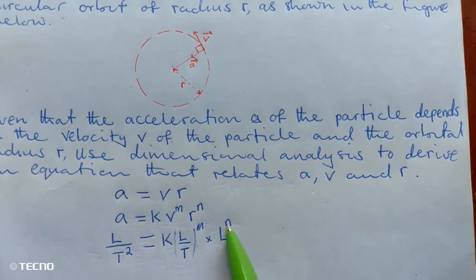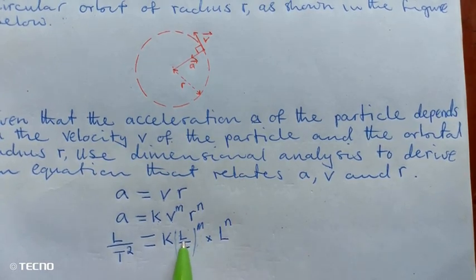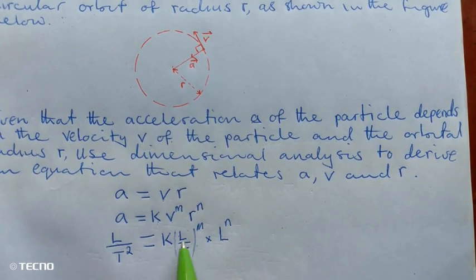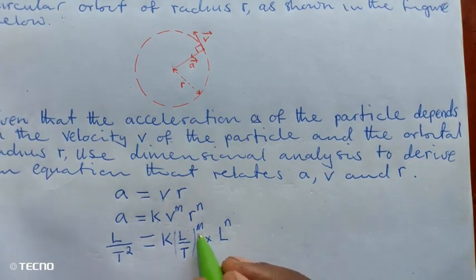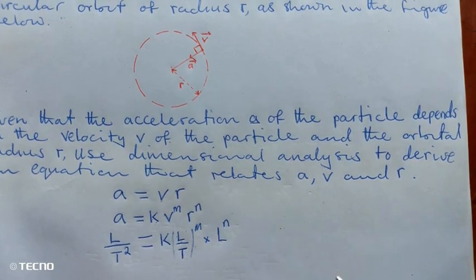So we have this one and we have this. As we can see here, we can multiply these two, because this base and this base are equal. When you are multiplying numbers of the same base, you maintain the base and add the powers.